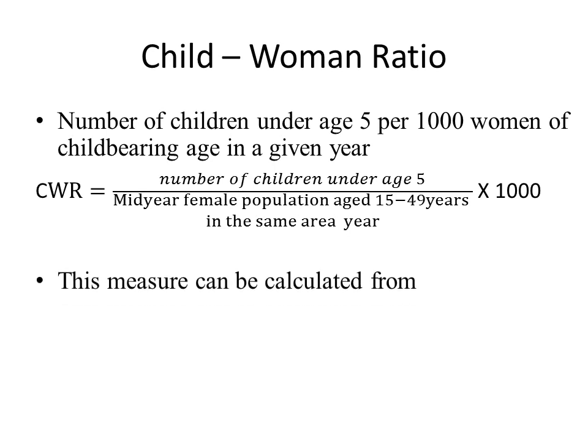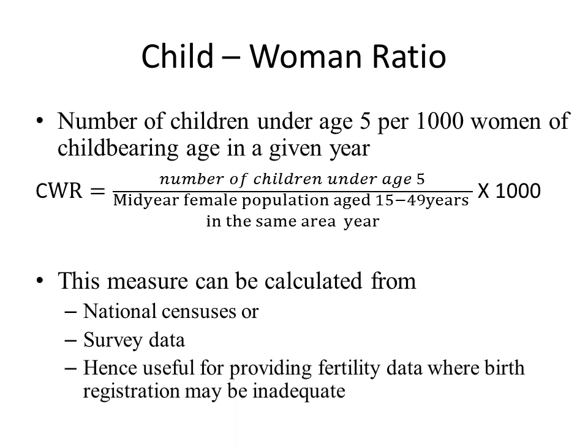So child-woman ratio is calculated using national census or survey data. Child-woman ratio can be useful for providing fertility data where birth registration may be so inadequate that age-specific fertility rates and crude birth rate may not be possible to calculate. So child-woman ratio can serve as a proxy value for fertility data of this population.